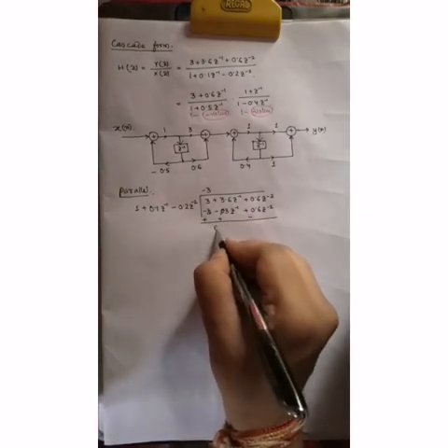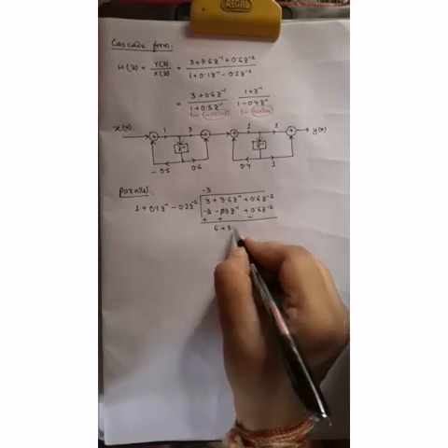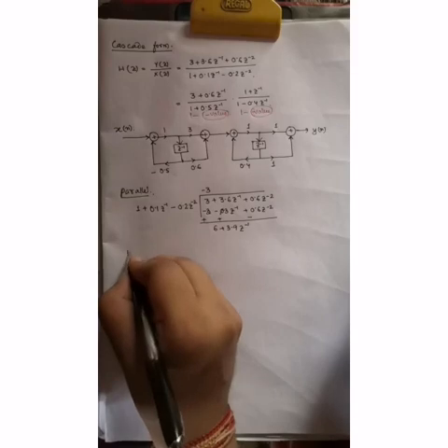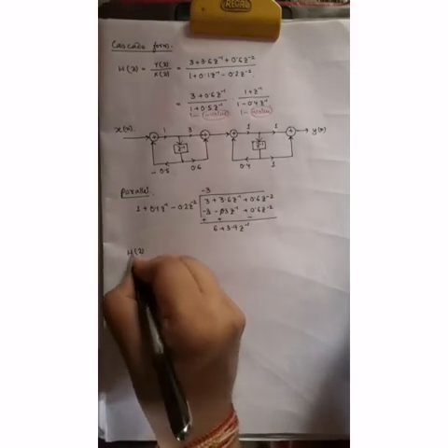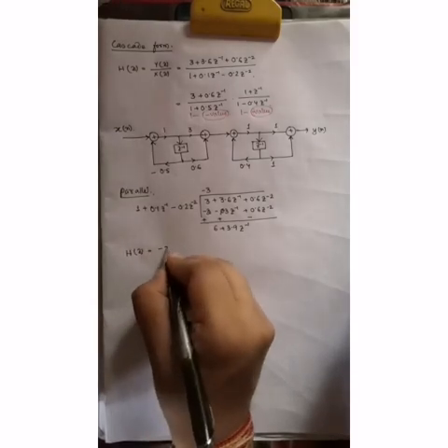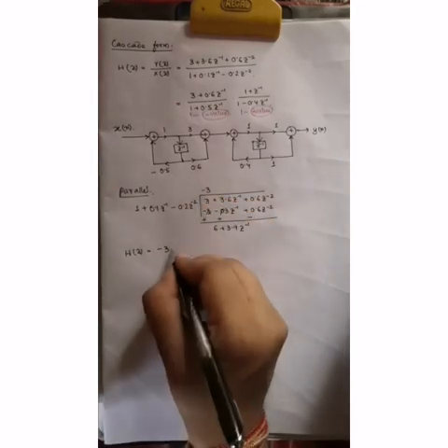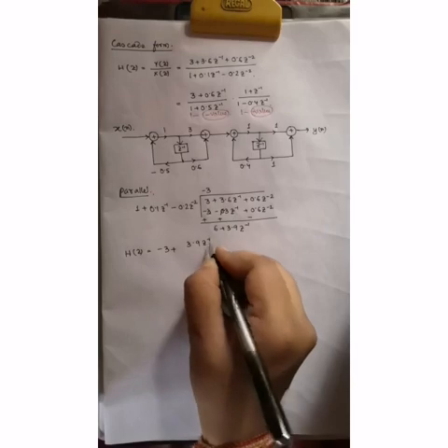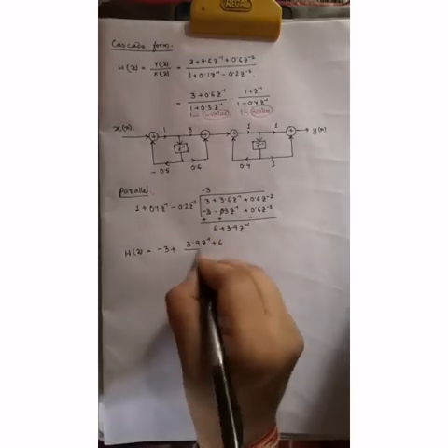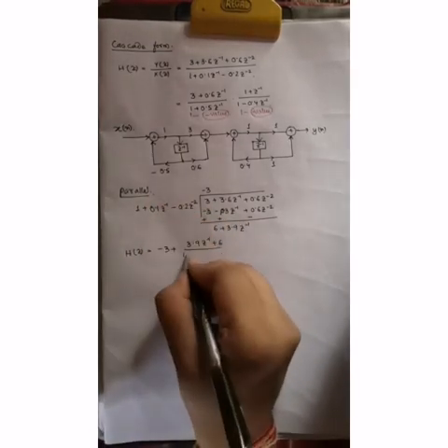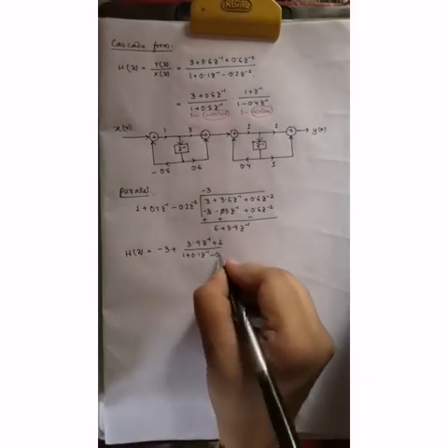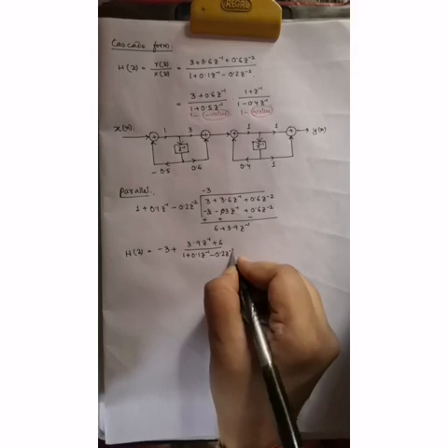So now the value becomes 6 plus 3.9 z inverse. That means H(z) becomes minus 3 plus, this part, 3.9 z inverse plus 6, by this value 1 plus 0.1 z inverse minus 0.2 z to the power minus 2.